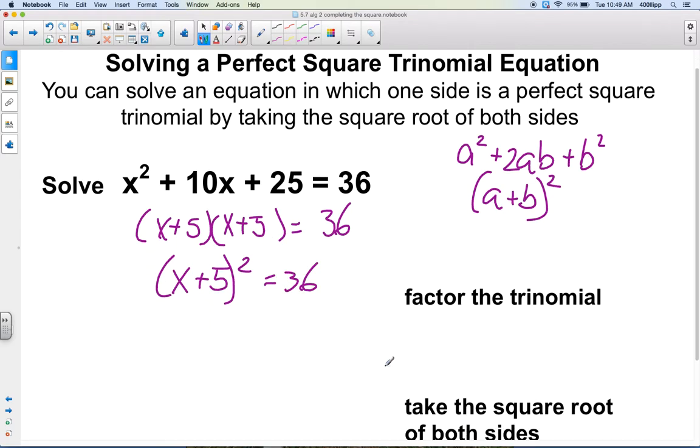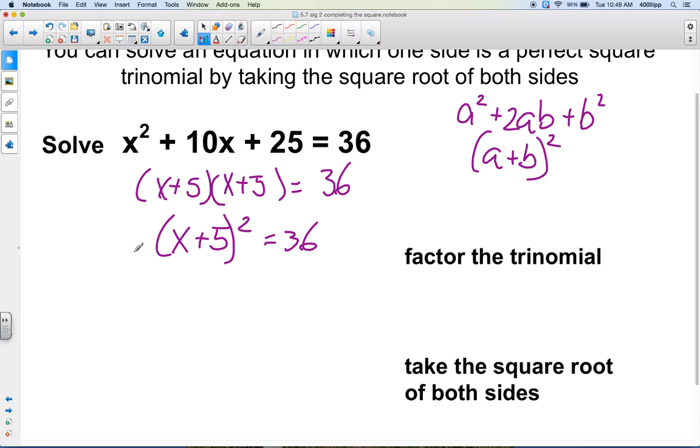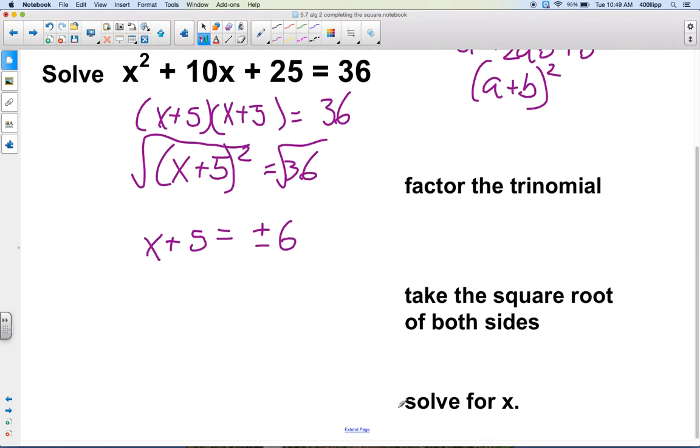Now I'm going to take the square root of both sides. So taking the square root of both sides here, the square root and squared are going to cancel each other out. We're going to get x plus 5 is equal to, the square root of 36 is going to give us two answers. It's going to be a plus and a minus 6. Okay, and then we'll solve for x.